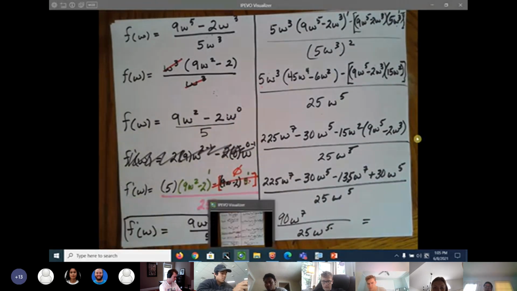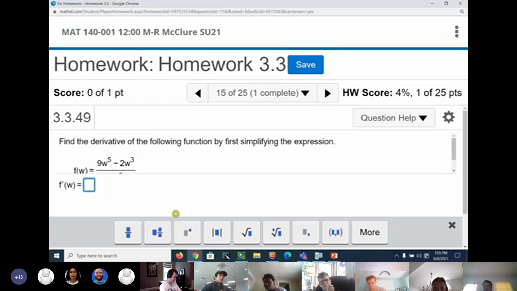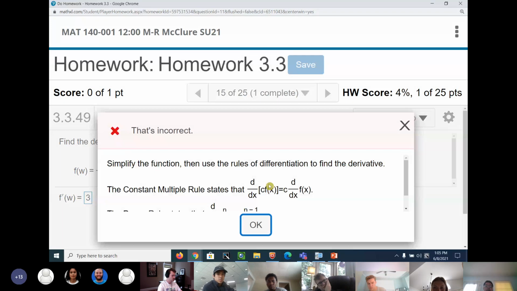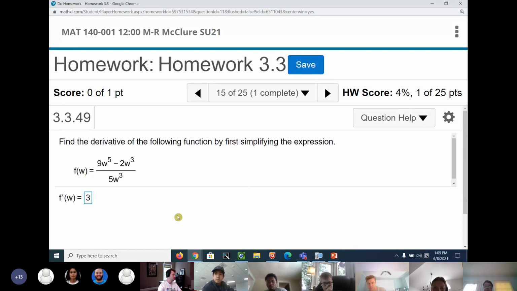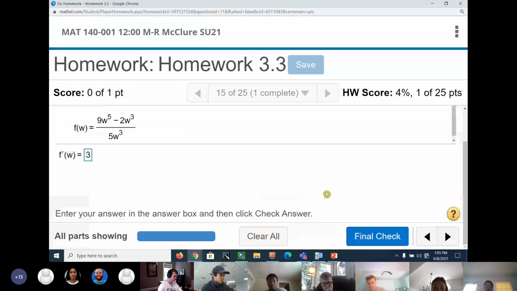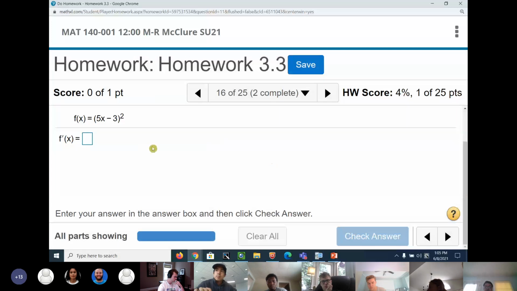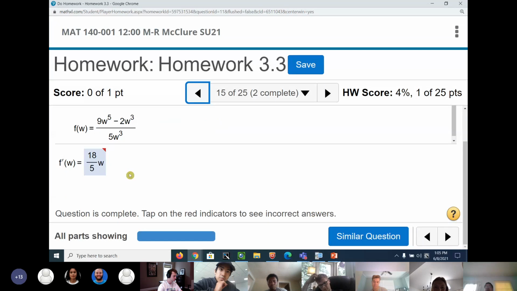Let's see what the answer is. I think the first one is correct. No, the first one is not correct. Go back. That's what I got. All right, so evidently the second one is correct, or close to it.